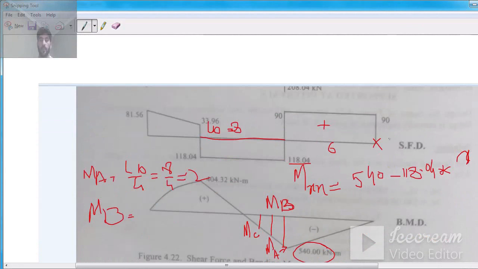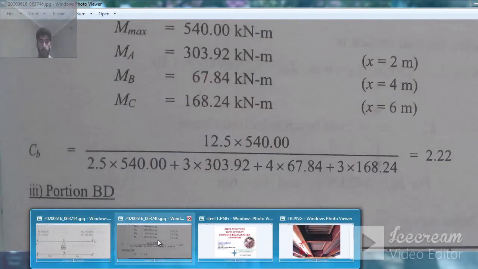If it is braced, then you have to calculate it, and the procedure is to use the same formula for that portion as well, and in that case the CB value will be different. But for all cantilevers having a free end, we consider the CB value as 1.0. Clear? So this is how they use CB equal to 1.0.